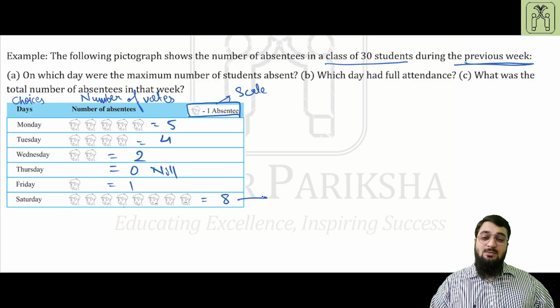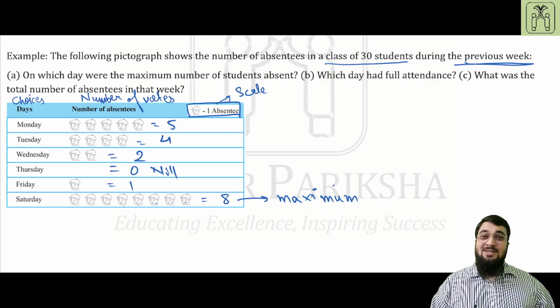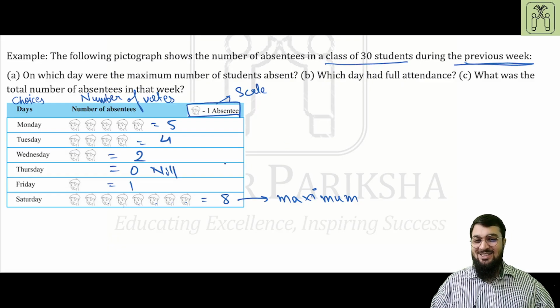So the maximum number of absentees is on Saturday. They are probably planning a trip or a holiday or a vacation for Sunday. That is why 8 absentees are there.